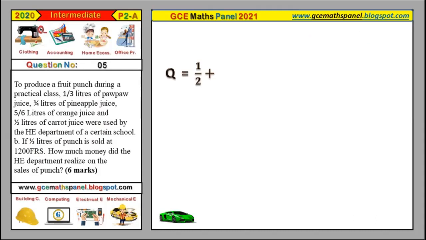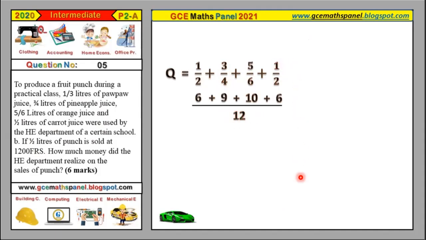Looking for the LCM, we'll have 12. 12 divided by 2 gives us 6. 12 divided by 4 is 3 times 3, which is 9. 12 divided by 6 is 2, times 5 gives 10. Then 12 divided by 2 is 6, times 1 is 6. When you add all of these, we'll have 31 on 12 liters.